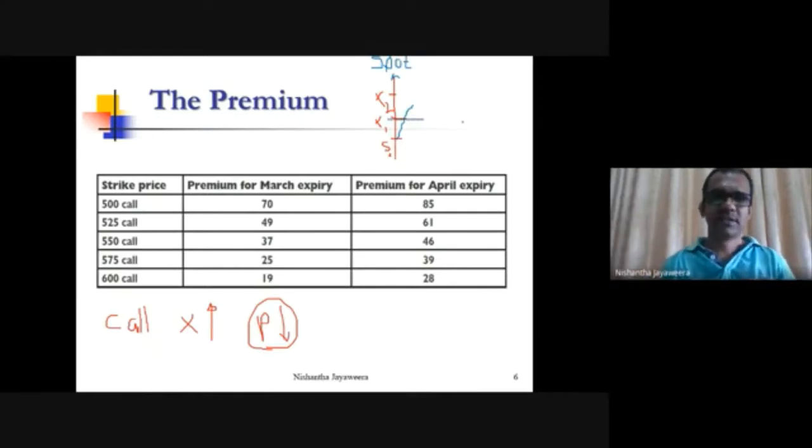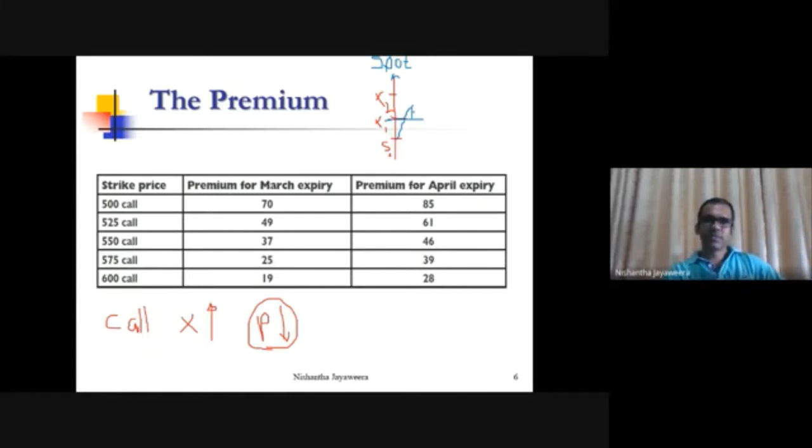The buyer will exercise his right, and this difference may be the loss to the call option seller. That's what would happen. So there's a value for this option if the price goes up above X1.